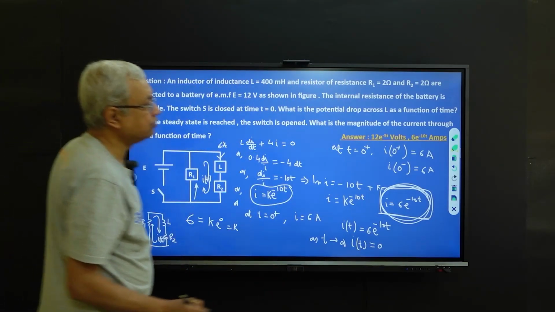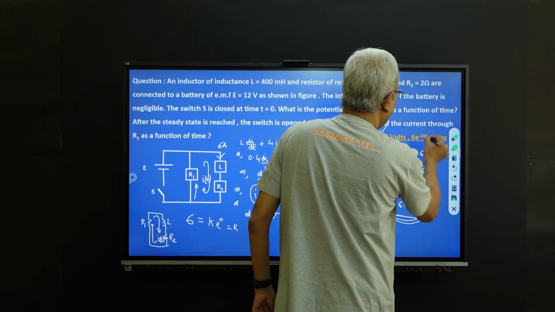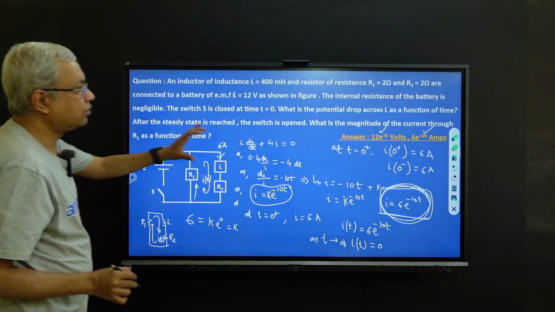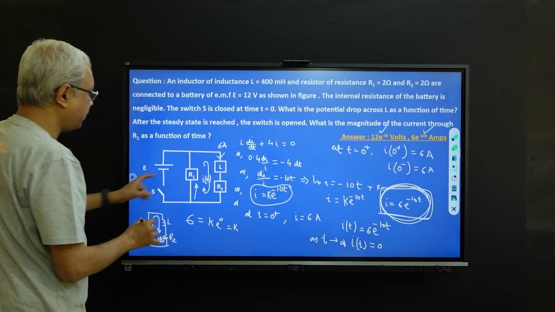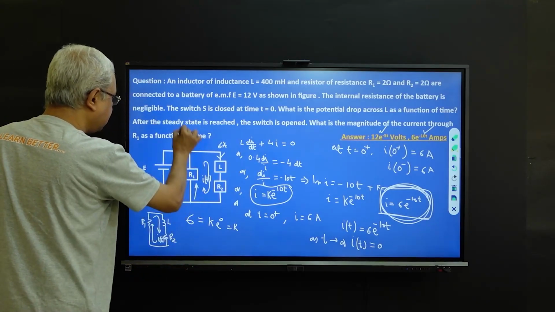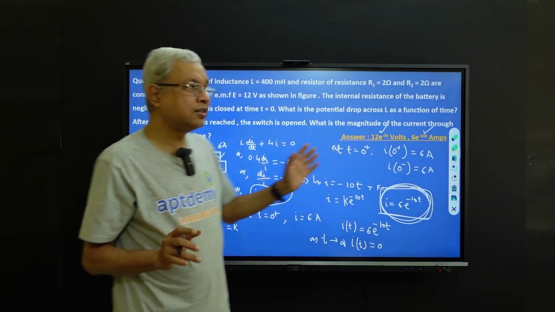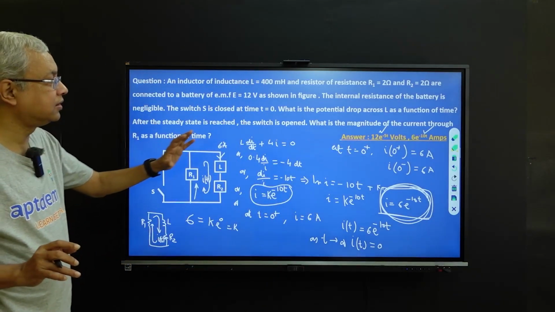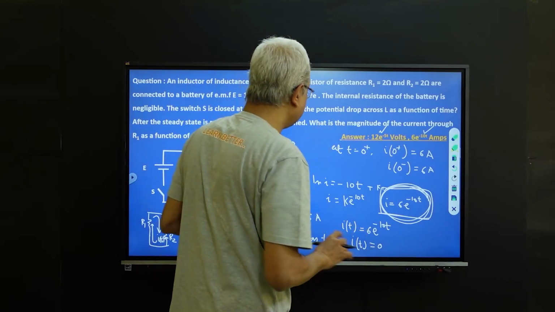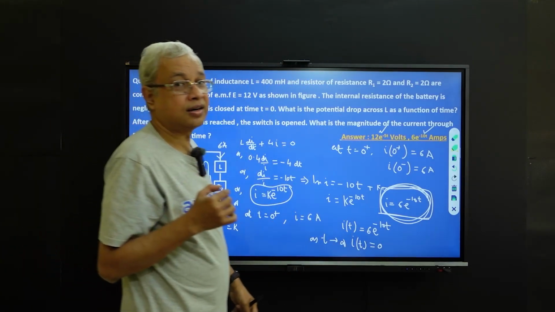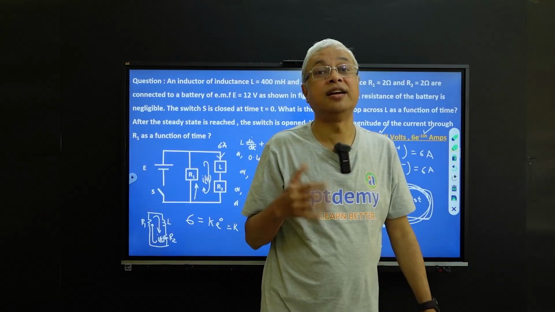So this is the problem. We have found that 6 e to the power minus 10t is the magnitude of the current through R1 as a function of time, and the current flows in this direction, bottom to top. It is a very interesting problem involving a very interesting property of inductance: the current through an inductor cannot change instantaneously.